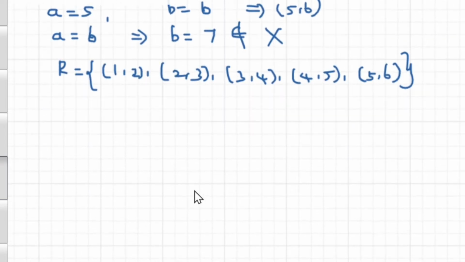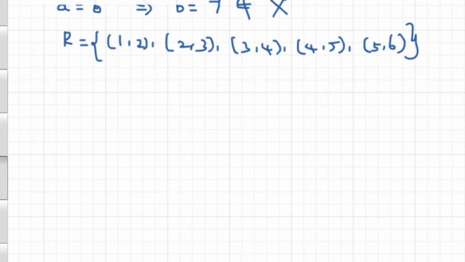From these ordered pairs we are going to check whether it is reflexive. We know that reflexive means (A, A), like a mirror image. But look at the ordered pairs here, all those are different. The given set is 1, 2, 3, 4, 5, 6, and in that (A, A) is not in these ordered pairs.